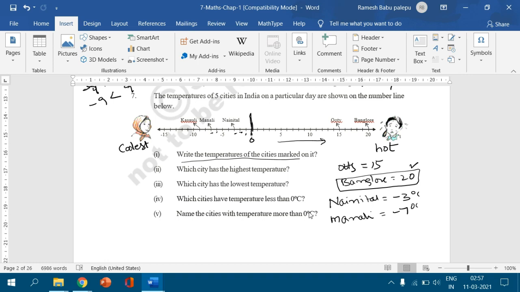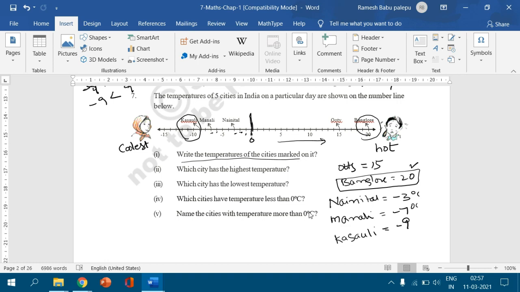And the final one is Kasuli. Kasuli, it is just before the right hand side of the -10. That is, this is the -9, right? So here, the answer for the first question, the coldest city is Kasuli, right? This is the very cool, and Bangalore, this is the hottest city.